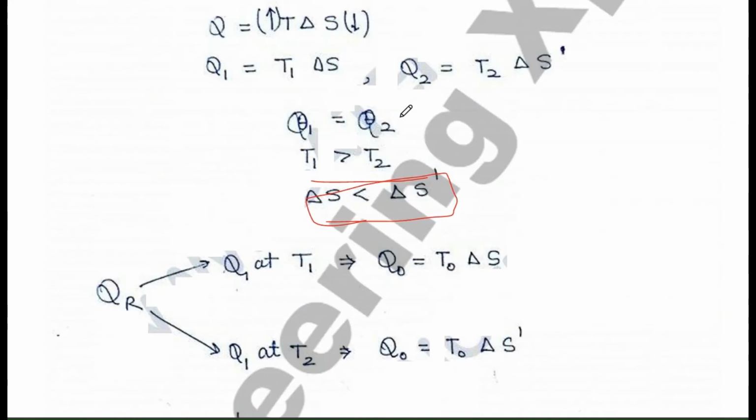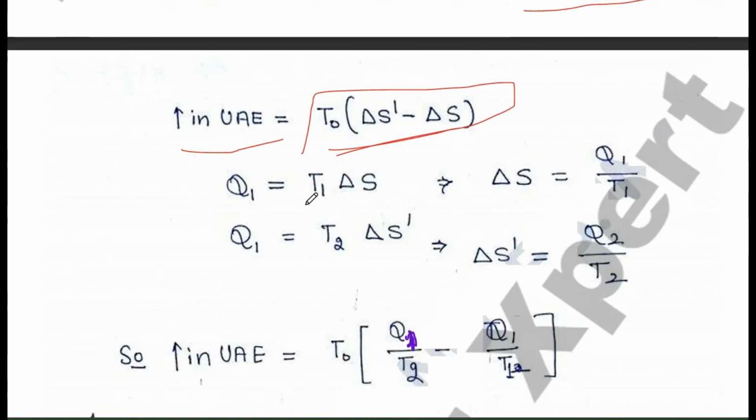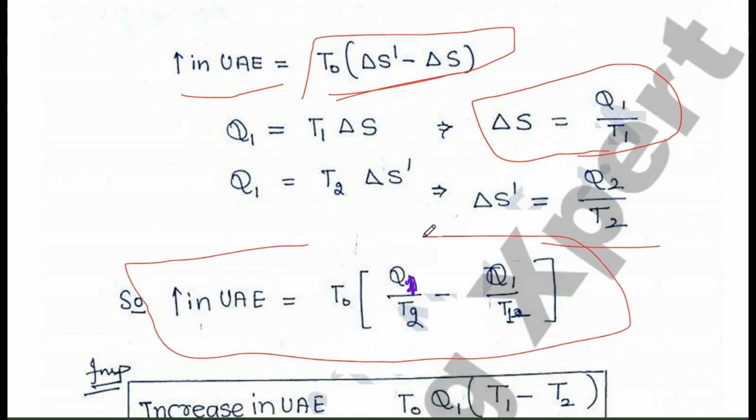That is this. So Q1 equals T1 delta S, then delta S equals Q1 upon T1. This is from the previous lecture on entropy. Similarly for S2, then we can write this as this.